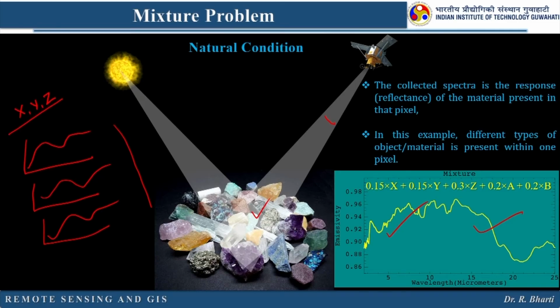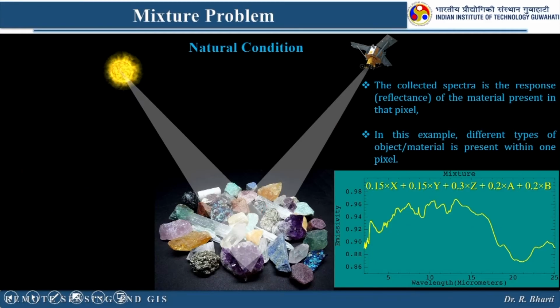By combining the spectral signatures of X, Y, Z in different proportions, so that it may match with the reported or acquired spectral signature, right? So I hope you have understood this concept.